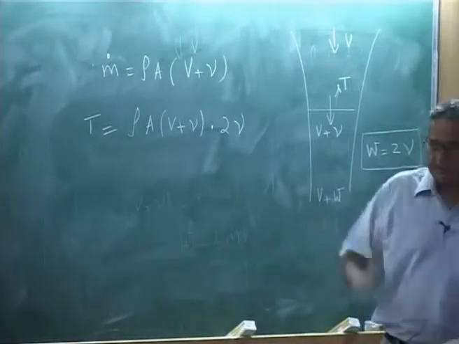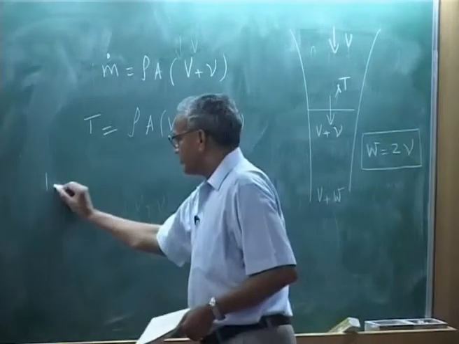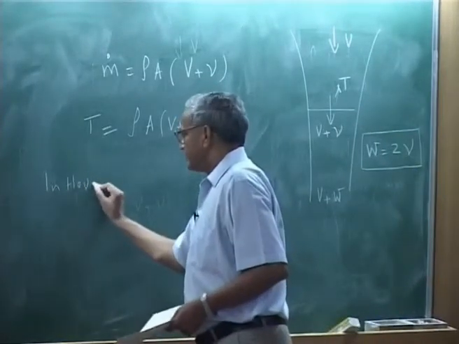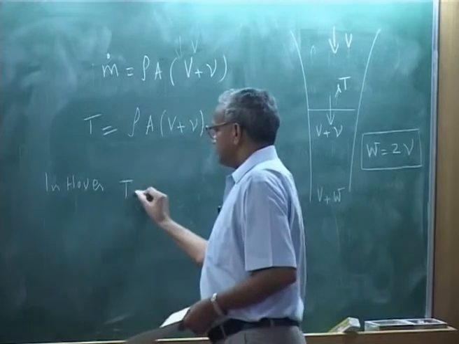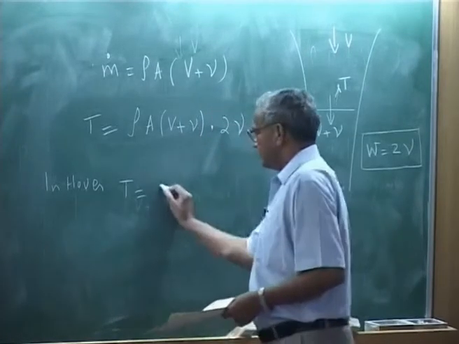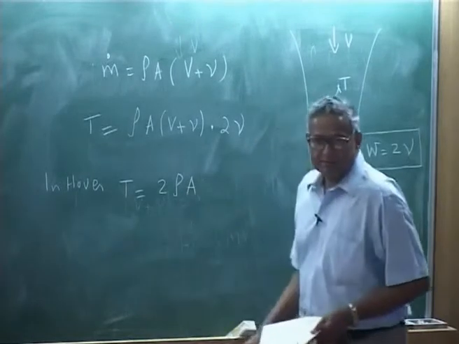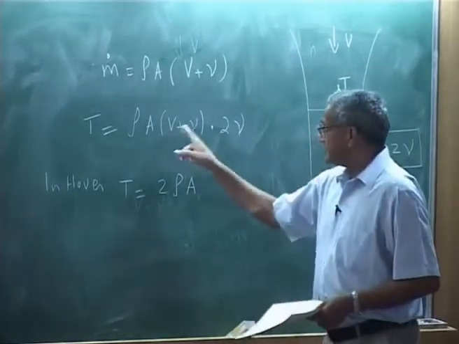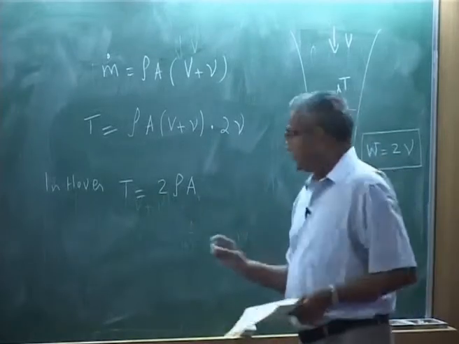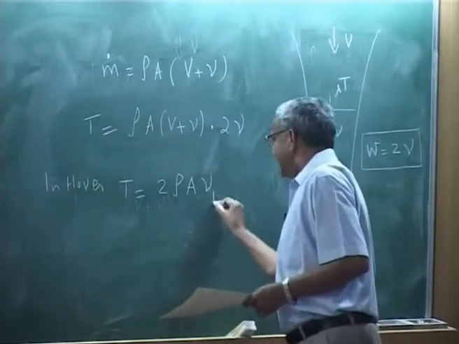So, in hover T is what? 2 rho A, this is there. So, I am going to use the symbol nu h.